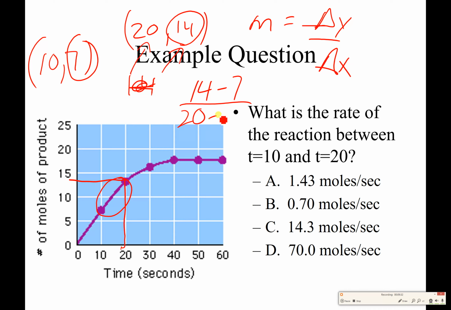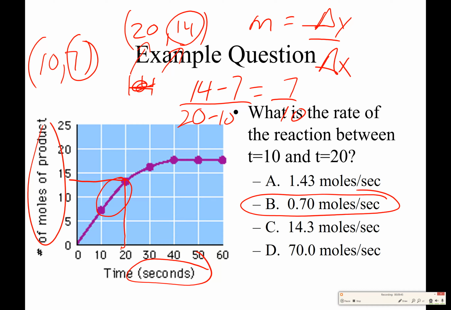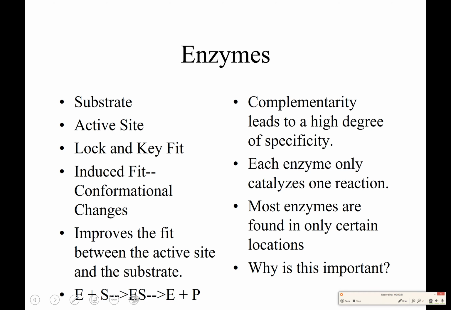So 20 minus 10. So we end up with 7 on top, 10 on the bottom, or 0.7. Our units are going to be these units divided by these units. So 0.7 moles per second is our rate on this example question.